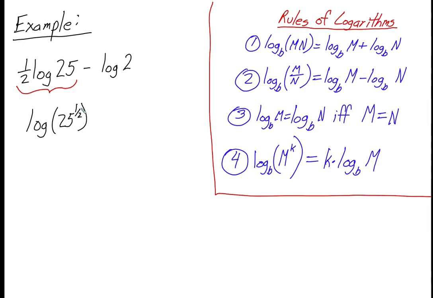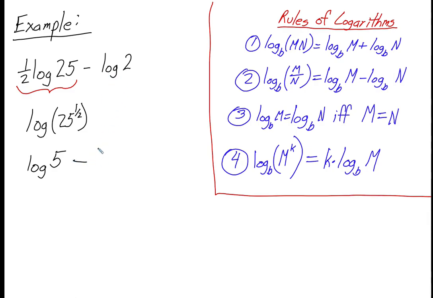But what is 25 to the 1/2? That's 5, because the 1/2 means square root, and so we're taking the square root of 25. So this becomes the log of 5. The 1/2 out front became an exponent inside the logarithm because of rule number 4, and then all we've done is simplify what 25 to the 1/2 is.